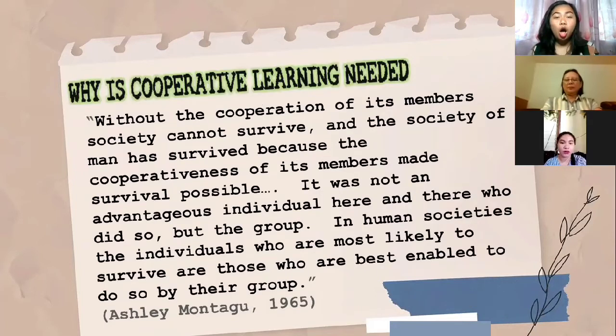Next, why is cooperative learning needed? So let's read this quote, a saying from Ashley Montagu. Without the cooperation of its members, society cannot survive, and the society of man has survived because the cooperativeness of its members made survival possible.